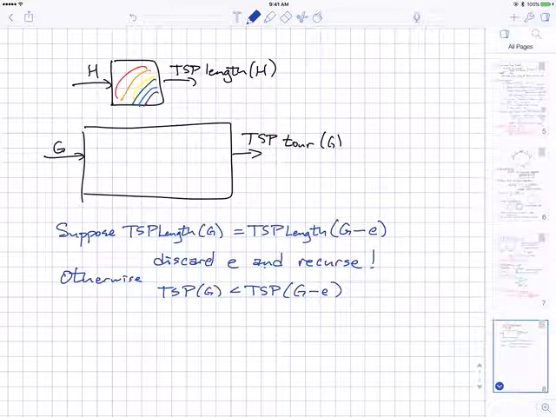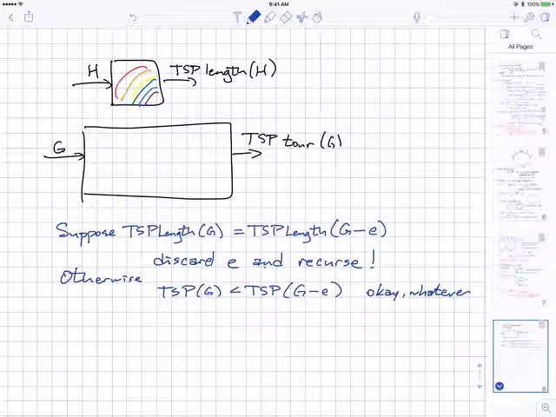In the end, what this means is that if I'm in this case, then every shortest Hamiltonian cycle goes through E. And in the first case, it is not true that every shortest TSP path goes through E. So I throw E away.